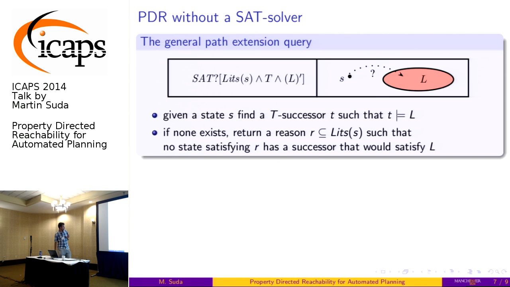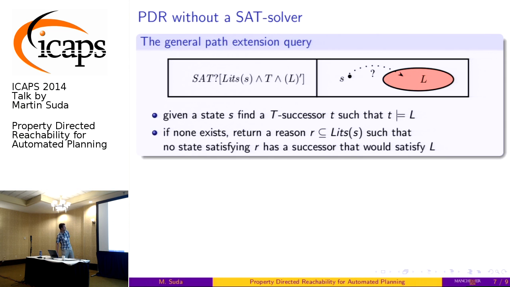What the algorithm requires from the SAT solver, which is easily implementable and which many SAT solvers give you, is a little bit more than just saying yes or no. I require that the SAT solver gives me a subset of those literals which have been supplied into the query that already suffice to show unsatisfiability of the query.